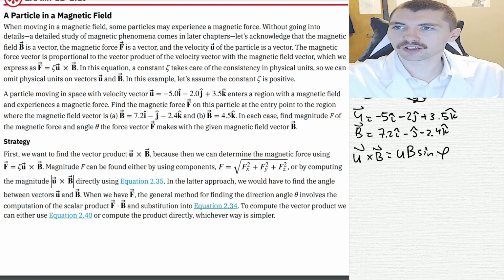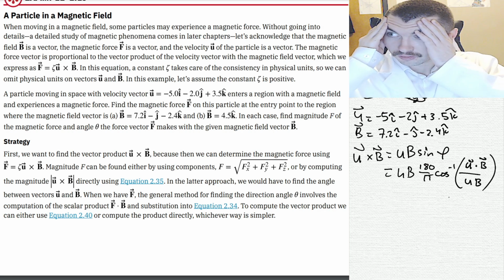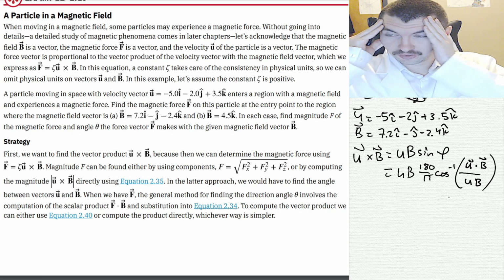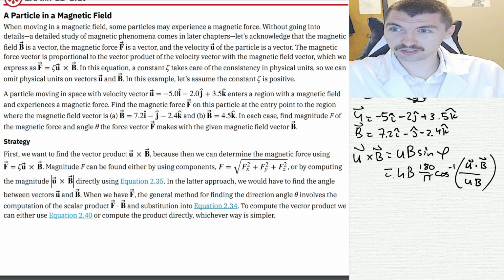So another way of saying this is U B times the inverse cosine, 180 over pi, of U dot B over U B. So I think that's where the sine is coming from. The sine phi.